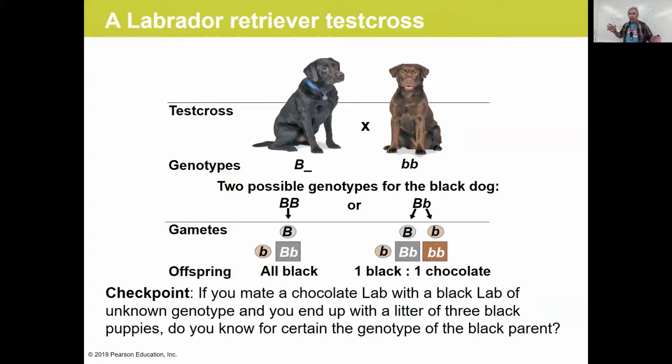So you can't be absolutely certain that the individual is big B, but you can be pretty sure. But like I said, if you get even one individual with the recessive phenotype, then you are certain that the unknown individual is heterozygous. Okay.